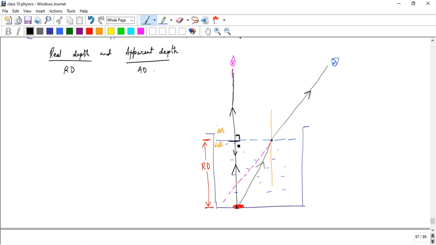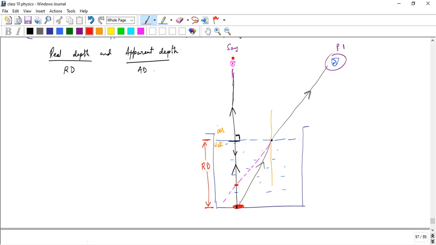They are parallel to the normal. So if both air and water had the same density, light would travel in a straight path. Let us say the person P sees the straight path. So there is a meeting point.